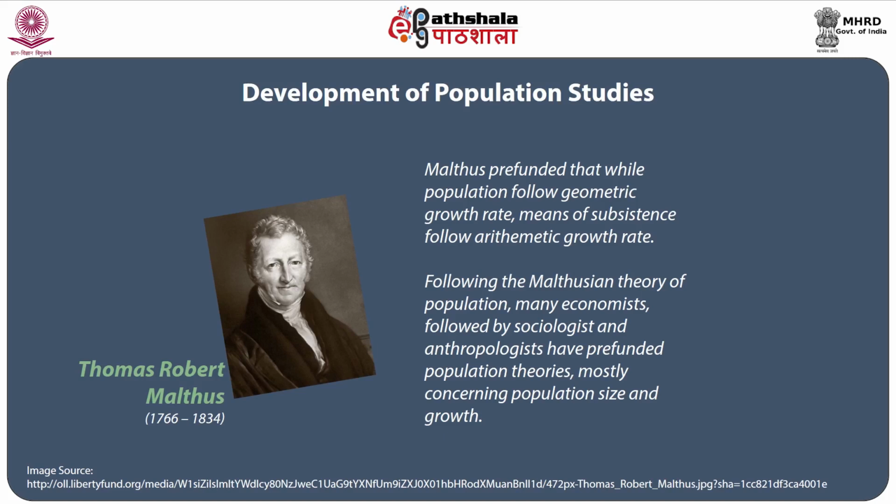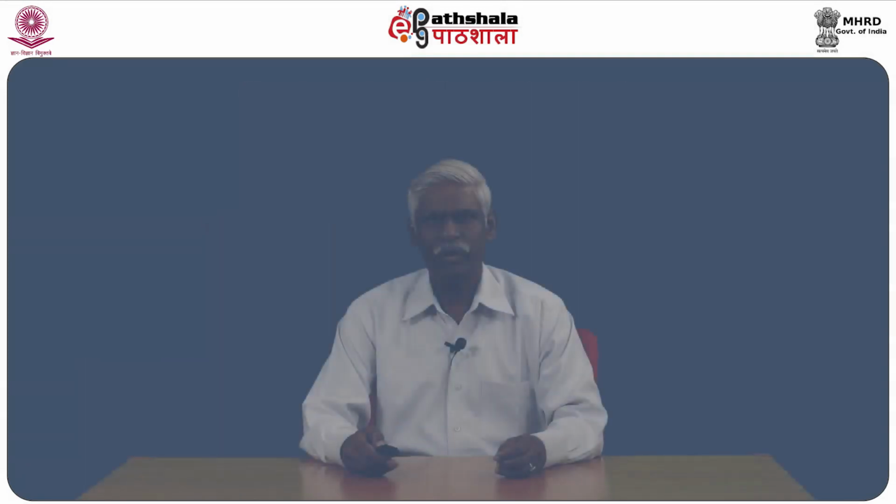Until then, many economists and philosophers had always thought of and supported only population size and growth because it supplies army to protect the state and labor to work on land. Following the Malthusian theory of population, many economists, followed by sociologists and anthropologists, propounded population theories mostly concerning population size and growth.